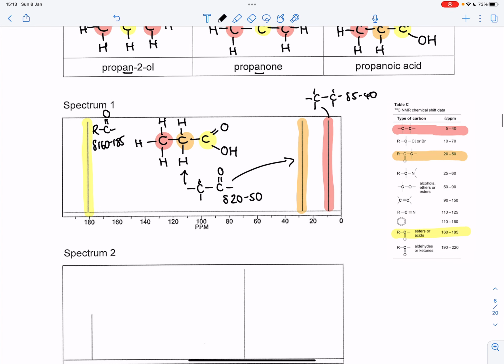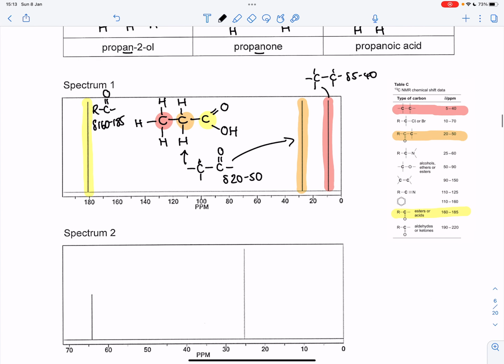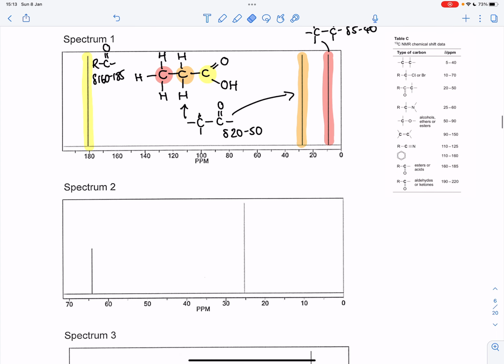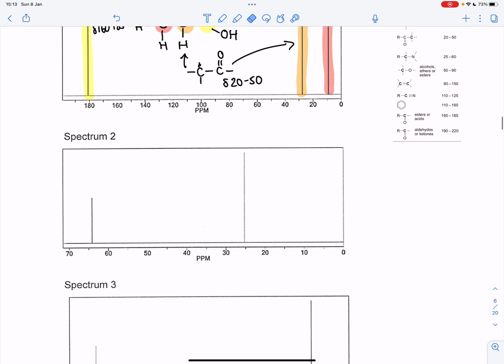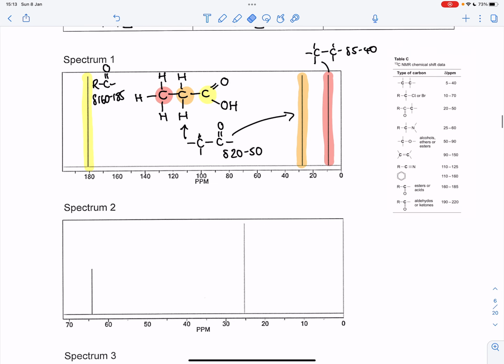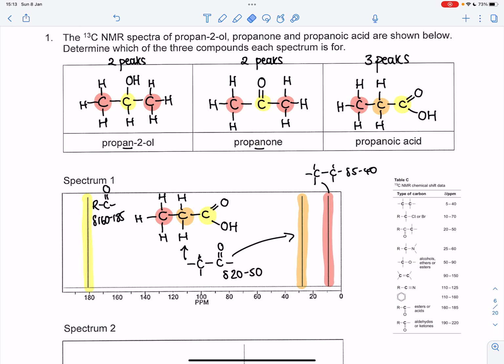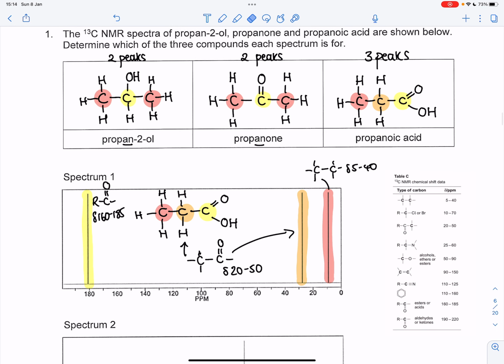And then if we move down, I'm just going to rub out the highlighting on this one for a second. If we move down and we take our spectrum with us, and we look at our carbon-13 data now and our spectrum 2, what we can see is that we've got a peak between 60 and 70 here, but not a peak between 190 and 220, which we would be expecting for propanone.